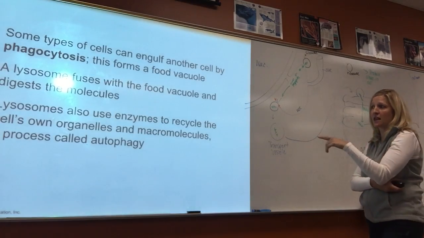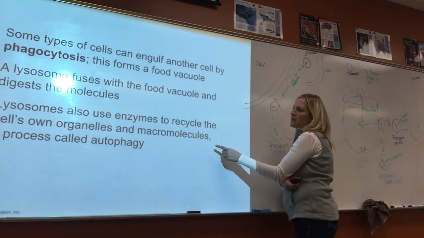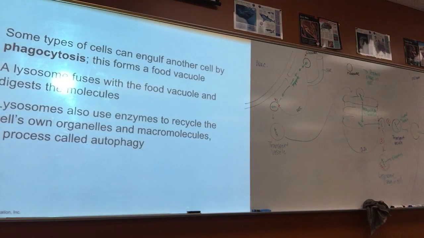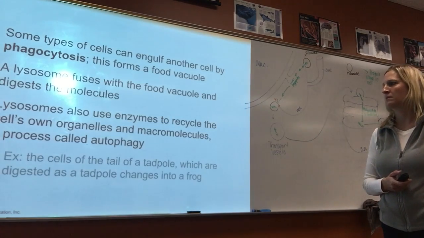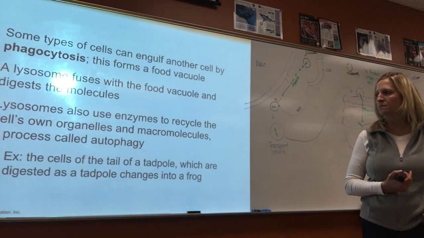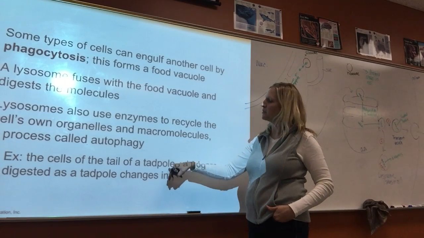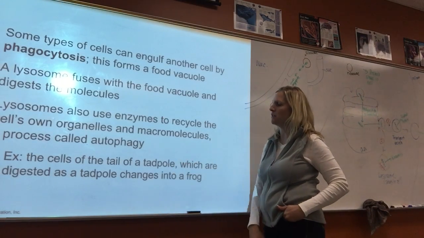Job number two is that they can also use the enzymes to recycle the cell's own organelles and macromolecules. This is called autophagy. So an example of this is in development for a frog, the tail of a tadpole.